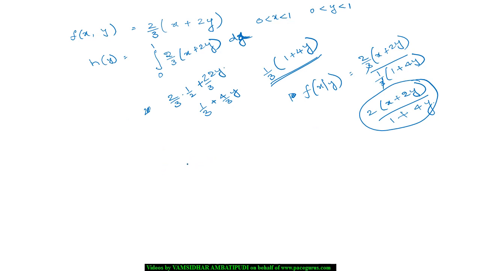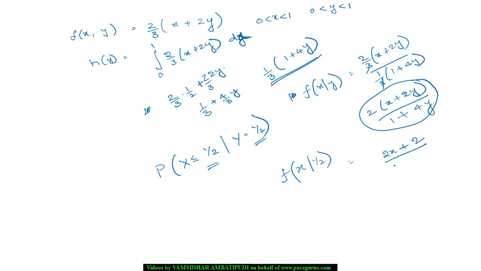Now I am using it to evaluate the probability of x less than or equal to half given y equal to half. So I am trying to find f of x given y equal to 1 by 2. This gives 2x plus 4y, 4 into half, which is 2, divided by 1 plus 4 into half, which is 3.